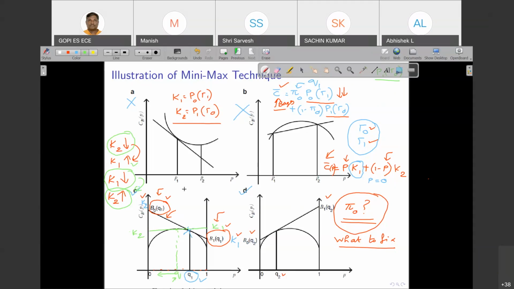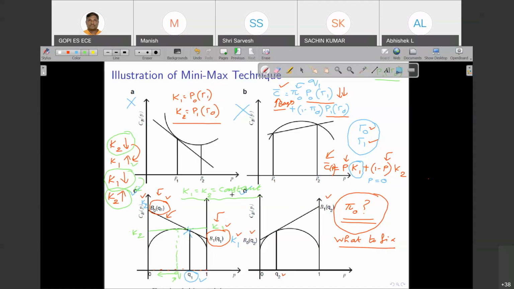It is fixed to be equal to K1 equal to K2, and that is going to be constant. Even if the prior probability gets changed, the cost function is not actually changing, which is the same value as that of what you actually designed.